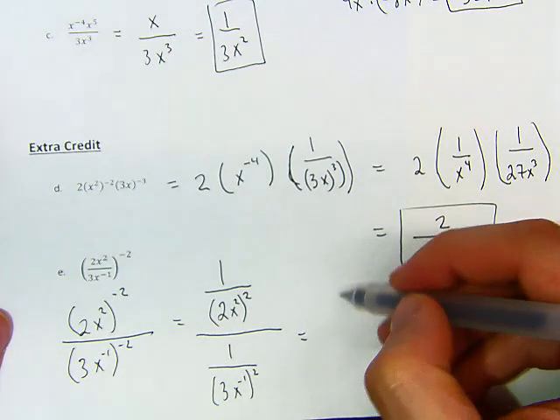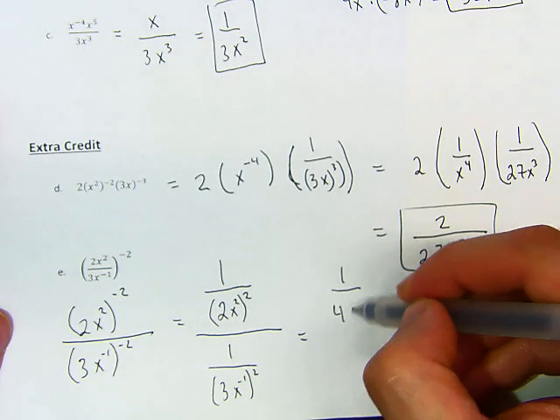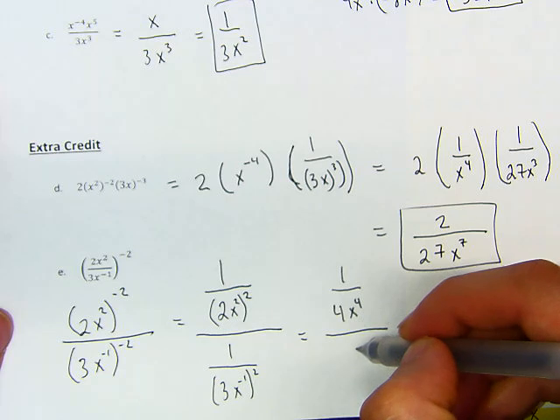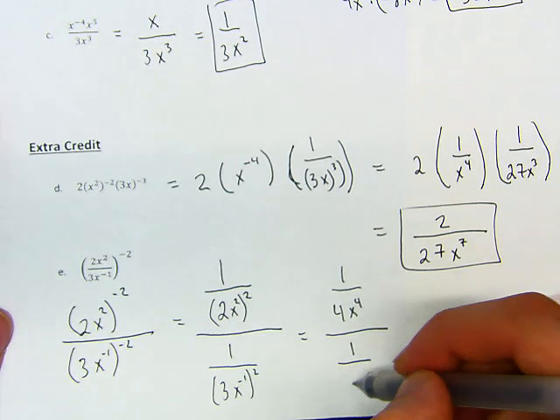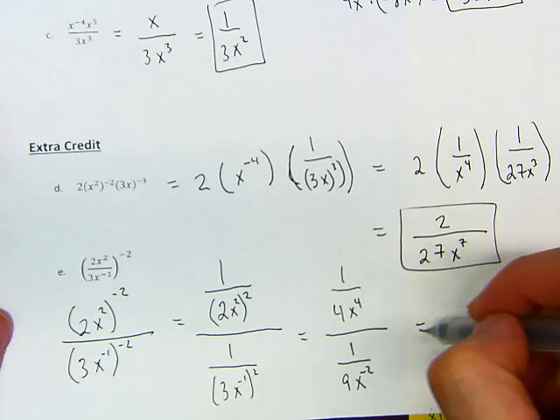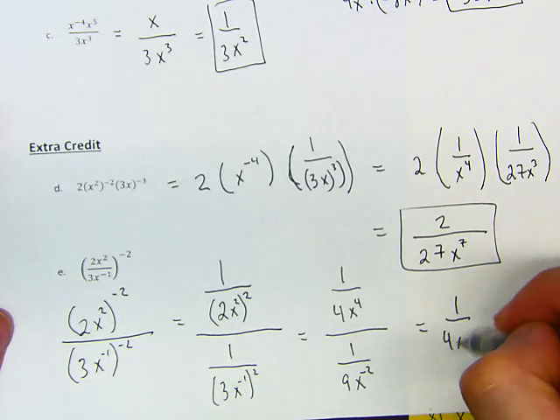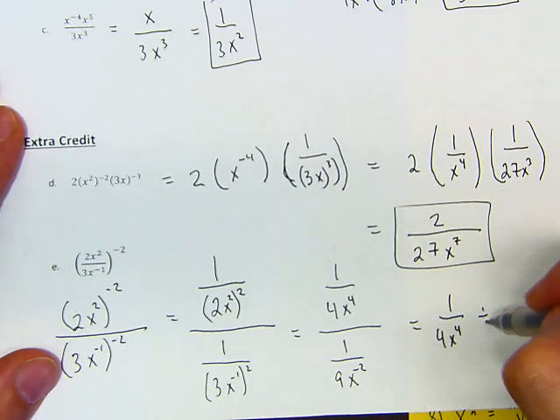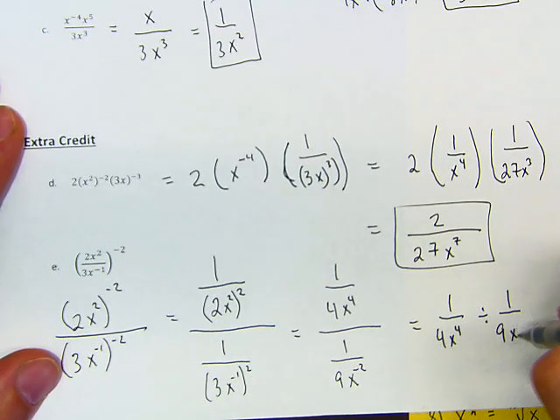Right? And now this becomes 1 over 4x to the 4 divided by 1 over 9, and this is x to the minus 2. So then this is 1 over 4x to the 4th divided by 1 over 9x to the minus 2.